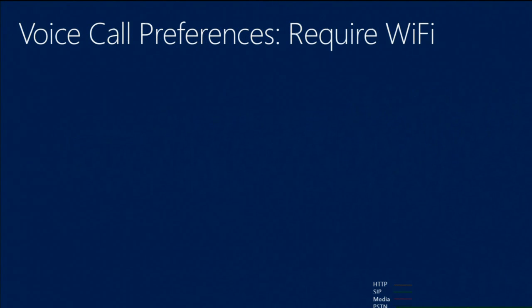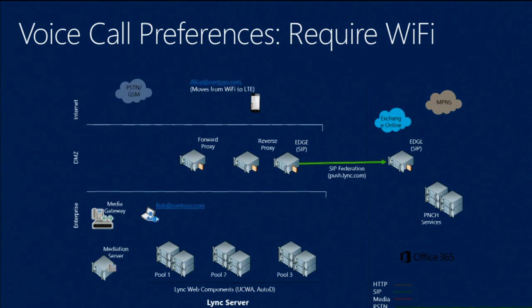So some of those voice call preferences: we can set either the admin policy or the user policy to require Wi-Fi for calls. This means if we set up a call and we used to be on Wi-Fi, we're now on LTE or 3G or whatever you're using. Alice has the setting require Wi-Fi for voice over IP, which is by default off.